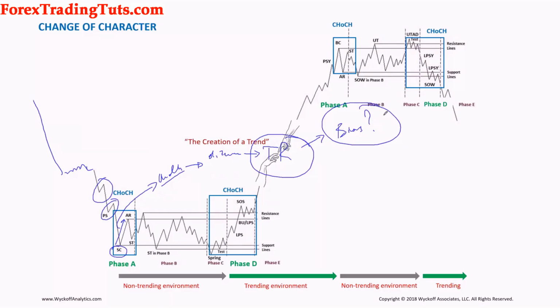And this is a little bit more of the advanced studies that we do in the practicum. There are certain ways you could identify the potential bias of the consolidation in phase A. I will give you some of the shortcuts as to how to logically think about the bias even in phase A, and as we go through phase B and specifically in phases C and D. But at the beginning, usually we're going to be questioning what kind of bias we have.